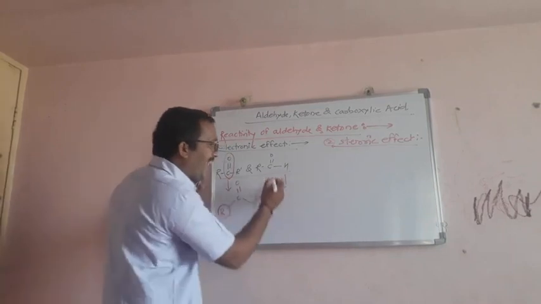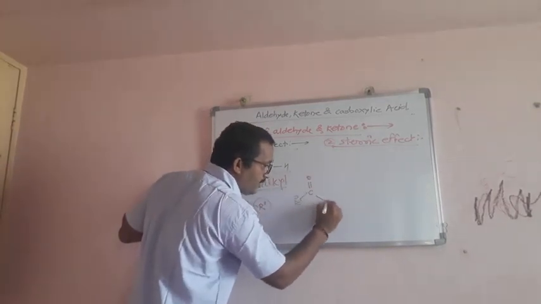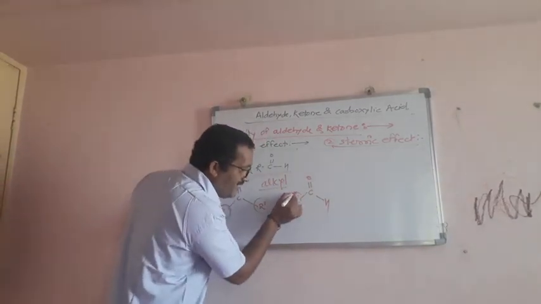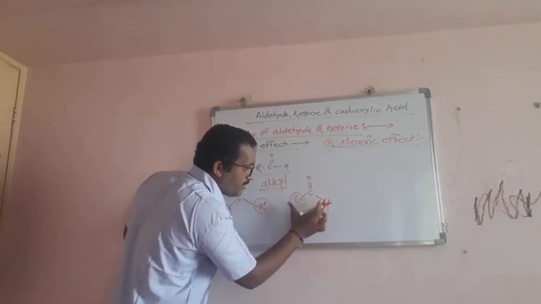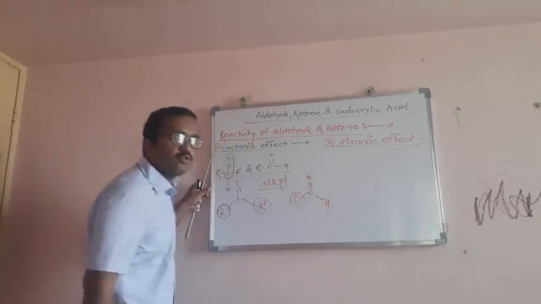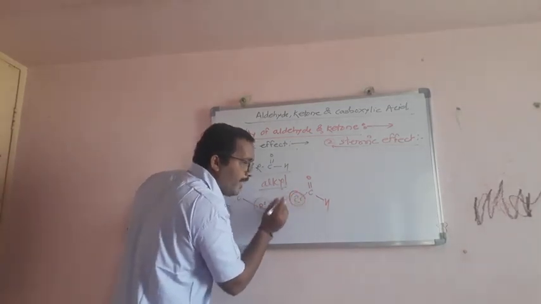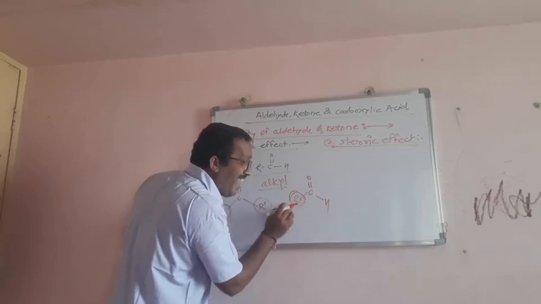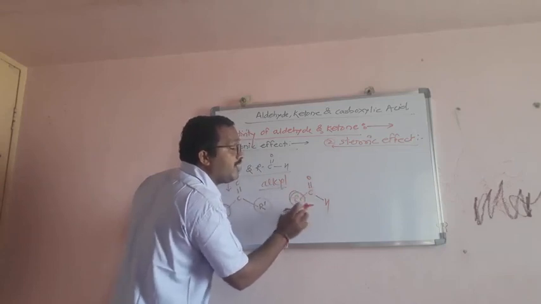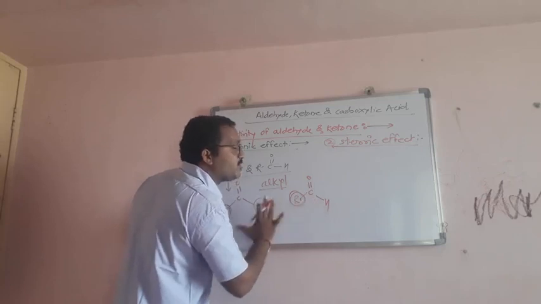On the other hand, the aldehyde, that is R C double bond O H, is the aldehydic functional group, and its carbonyl carbon is bonded to one alkyl group and one hydrogen. There is only one alkyl group and it donates electrons to this carbonyl carbon, but the hydrogen does not. This is the difference between these two.